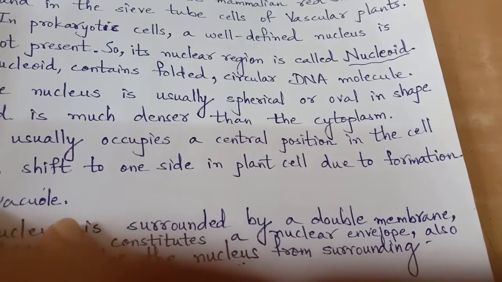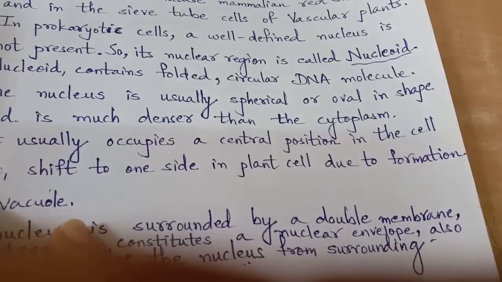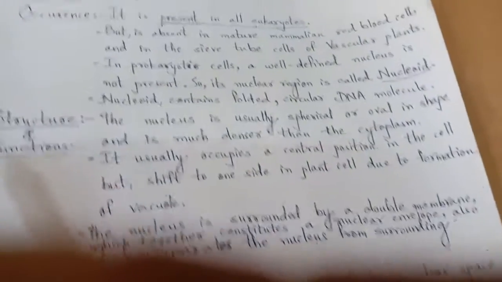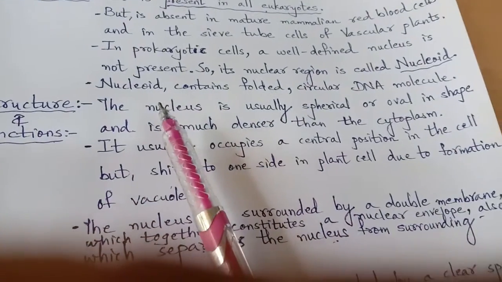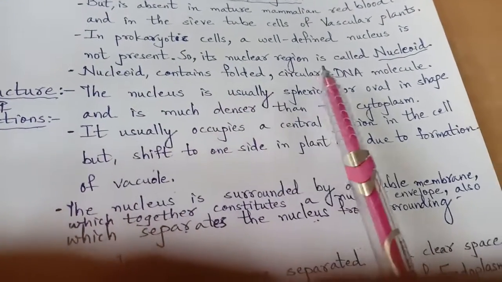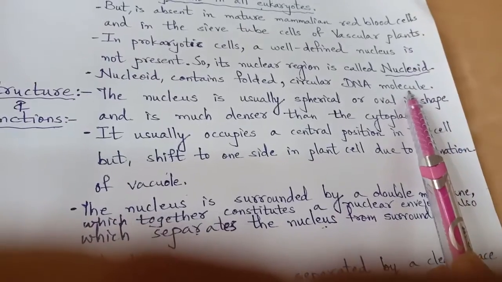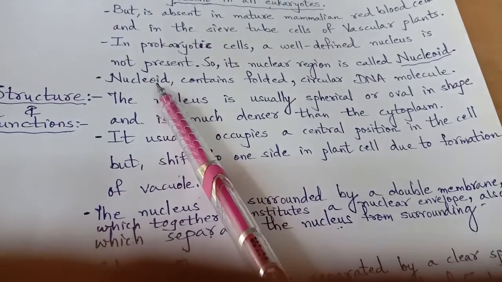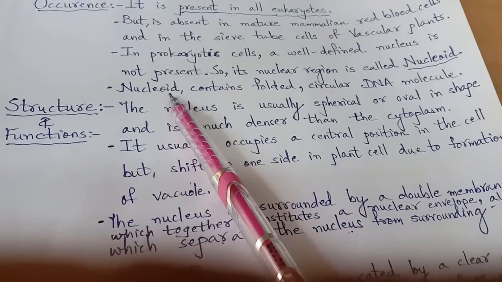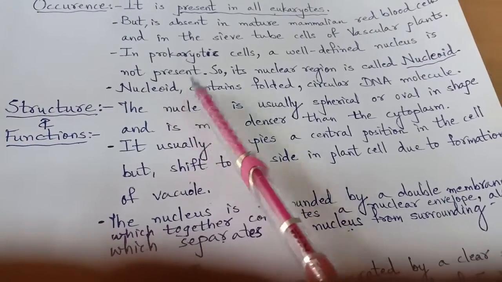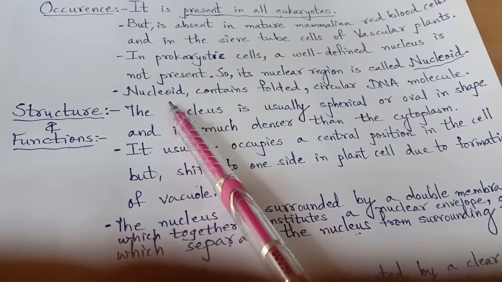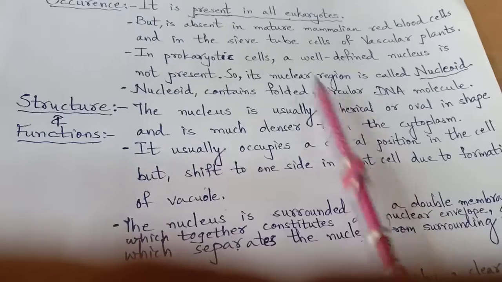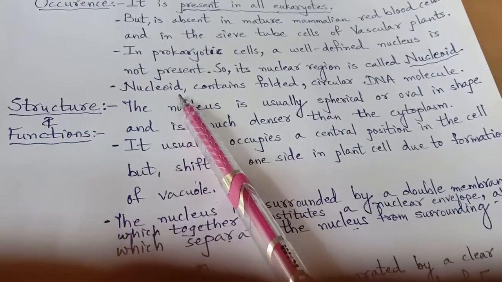Nucleoid means not a well-developed nucleus, just a region that carries out the nuclear work, and so it is called a nucleoid. The nucleoid contains a folded circular DNA molecule. Now how will the offspring resemble the parent cell? It is because of the folded circular DNA molecule present in the nucleoid.